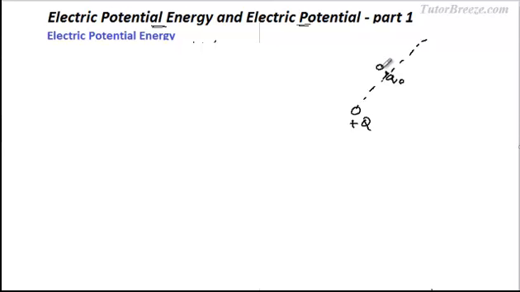So say this point is A and this point is B, somewhere along the line. The work done to move the charge from A to B is given by the integral of F dot dl from A to B.